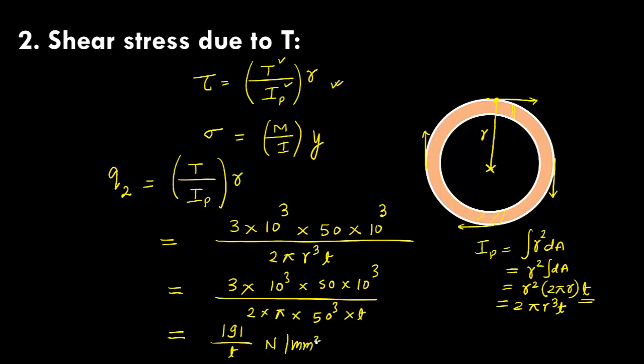So now we have calculated the shear stress due to vertical load P, that is direct shear, and we have also calculated the shear stress due to twisting moment T. So we can now calculate the resultant shear stress.